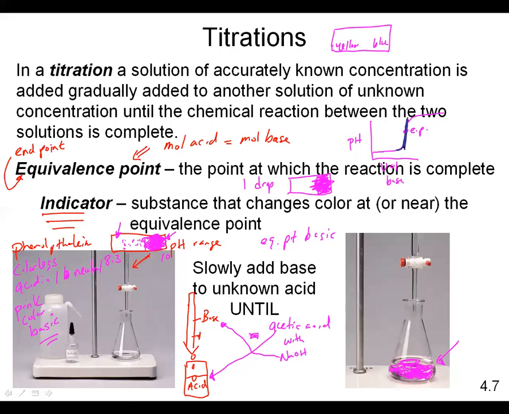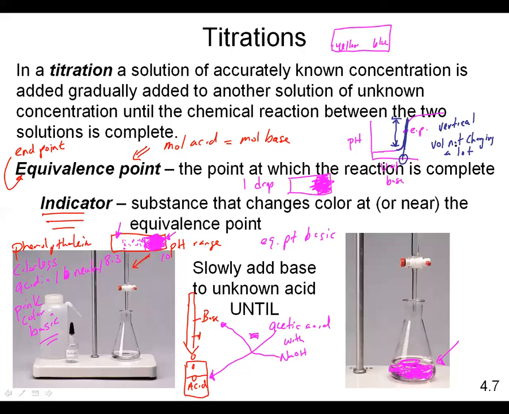When we go sharp and vertical as we approach the equivalence point, what that means is our pH is changing a lot. But if we go down to our volume, which is on the X, our volume is not changing very much. And that is why you can do a titration.